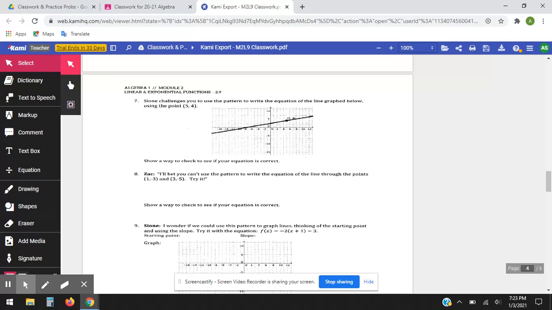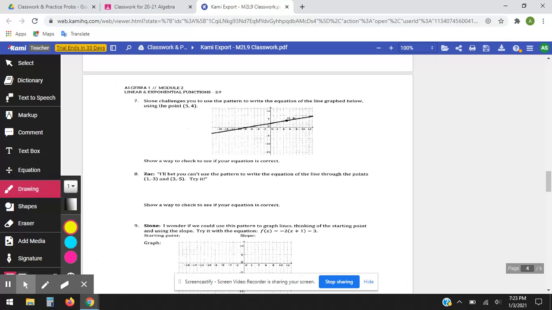So I need to find a few more points on here. Let's use this one. So 5, 4, and if I look again to see where it crosses, it looks like it crosses at 2, 3. So it looks like I have another point at 2 comma 3.